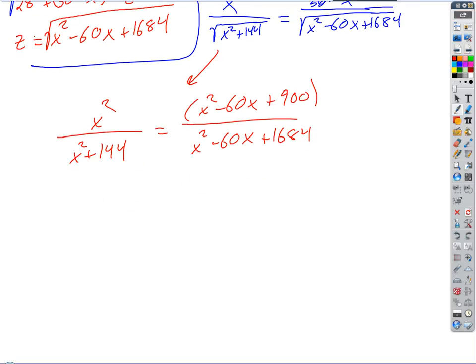We're going to distribute the x squared all the way through, and we're going to get x to the 4th. If I cross multiply, let's distribute. So x to the fourth minus 60x cubed plus 1684x squared equals what we get on this side if we distribute through.